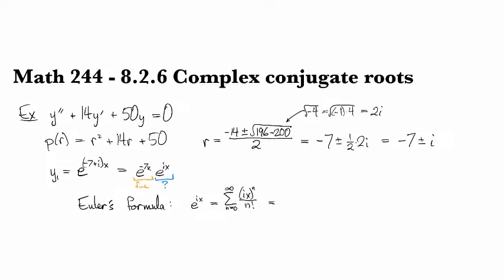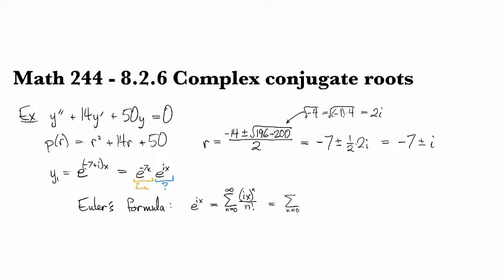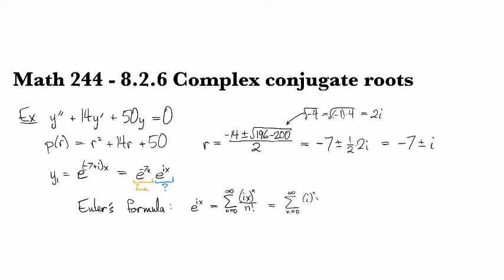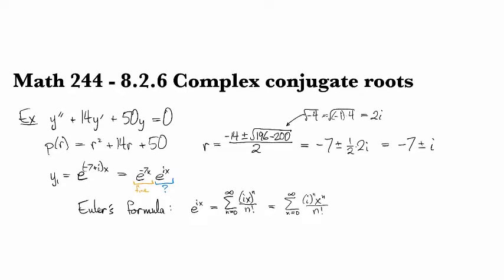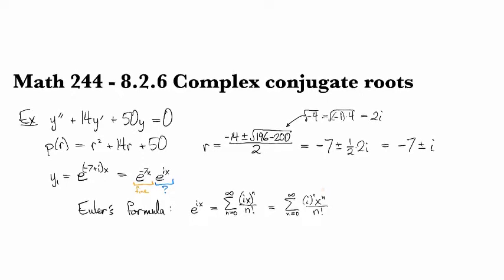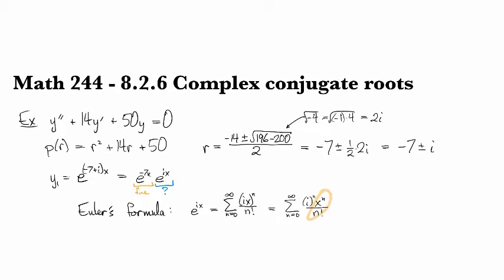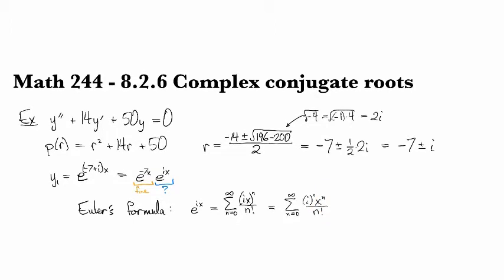There are these powers of i in there. Now this part right here actually just looks like the terms for the regular e to the x. So what about the other part?